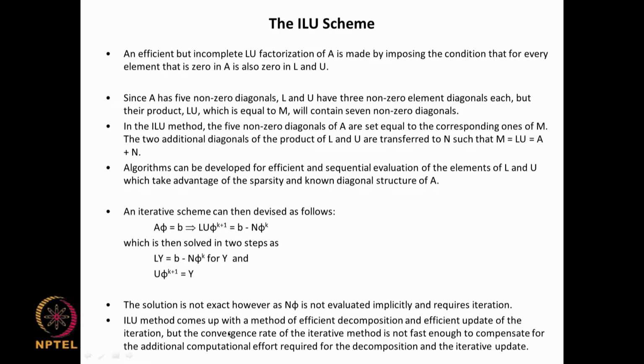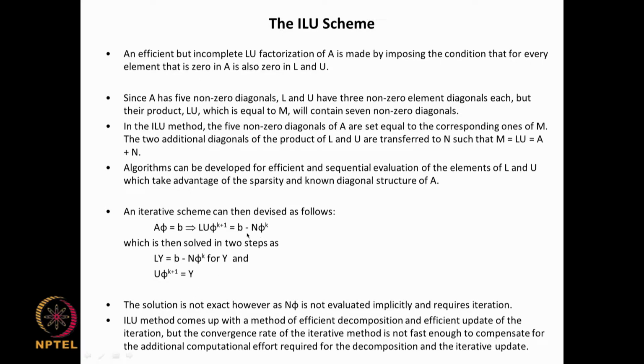Okay. So, in the sense there are some good elements of ILU, which is that you have efficient decomposition approximately into L and U, okay, and then you have efficient forward and backward substitution methods for the solution.